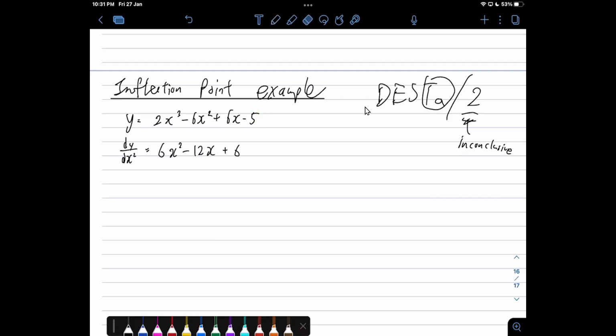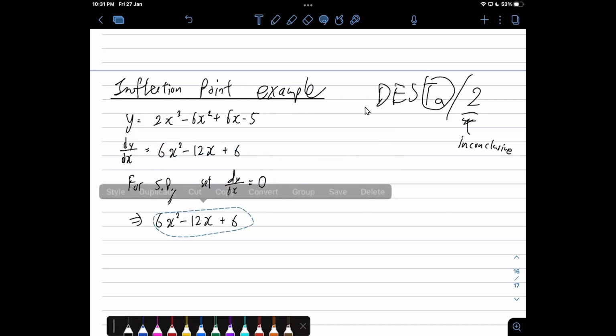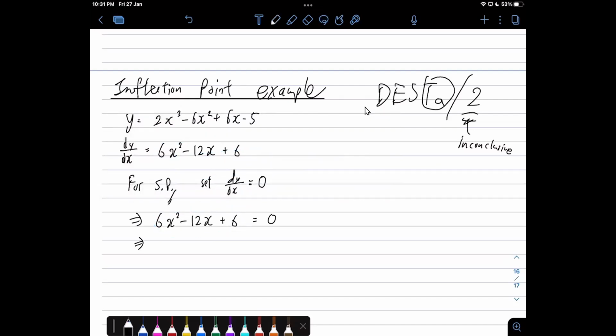Then, for stationary points, set dy by dx equal to 0. This implies 6x squared minus 12x plus 6 equals 0. I'm just going to divide by 6 throughout. So I get x squared minus 2x plus 1 equals 0.